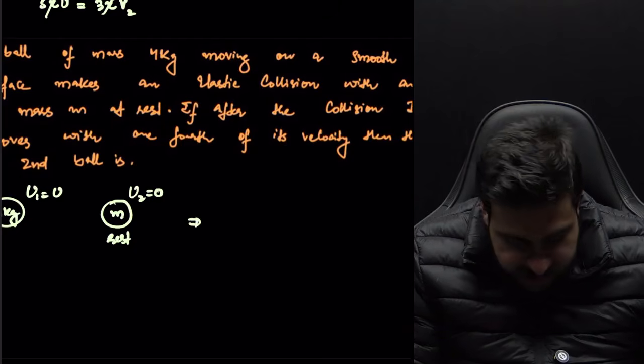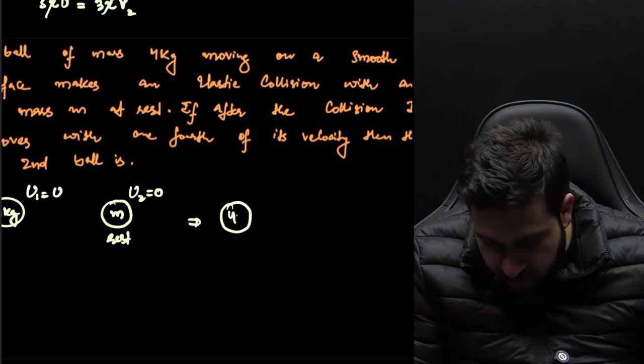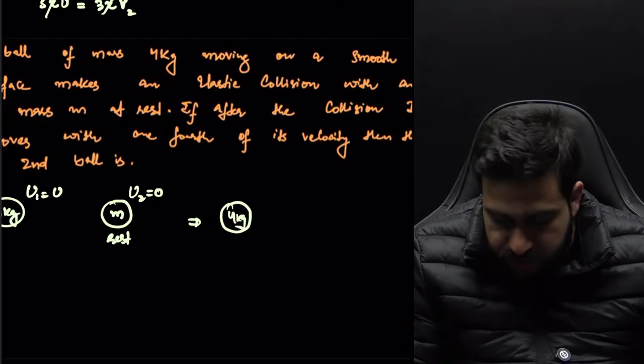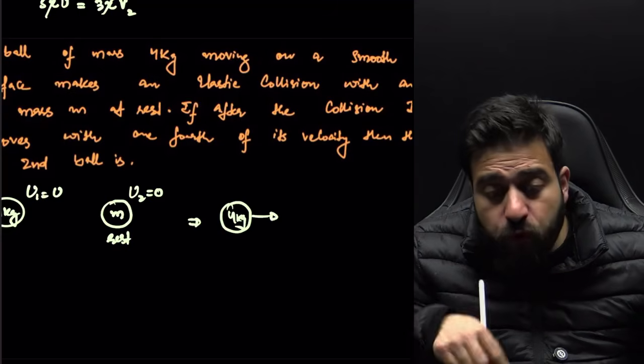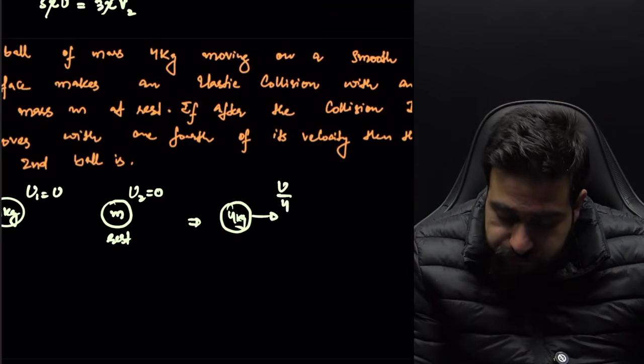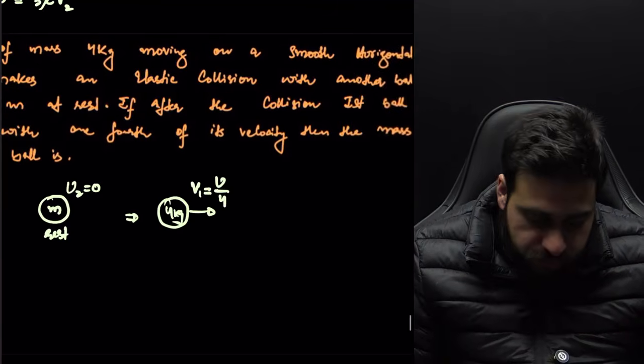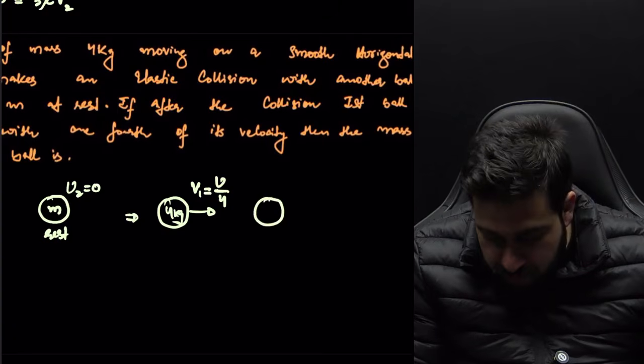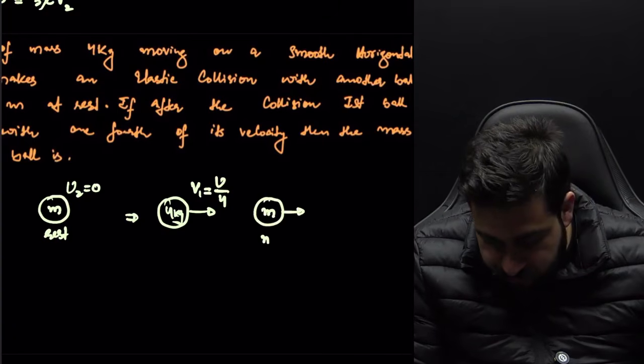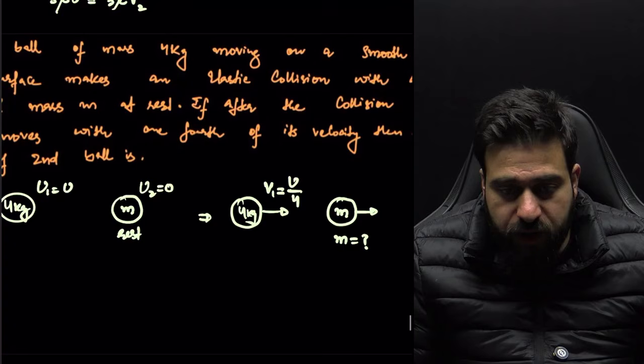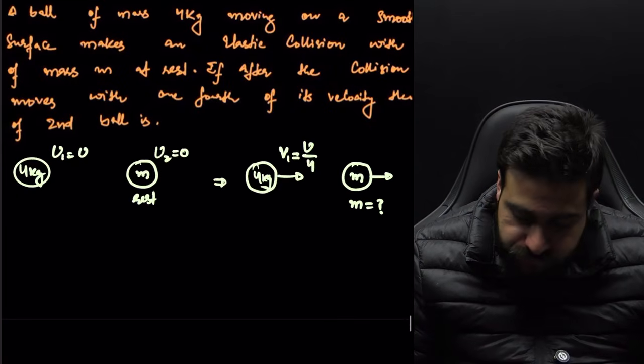After the collision, this 4 kg ball started moving with 1/4 of its velocity, that is u by 4. So v1 is u by 4. And what is the mass of the second ball? This m you are supposed to calculate.